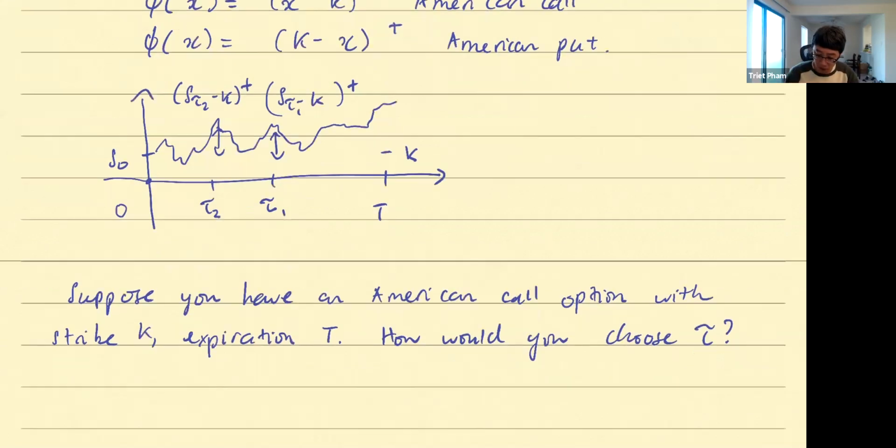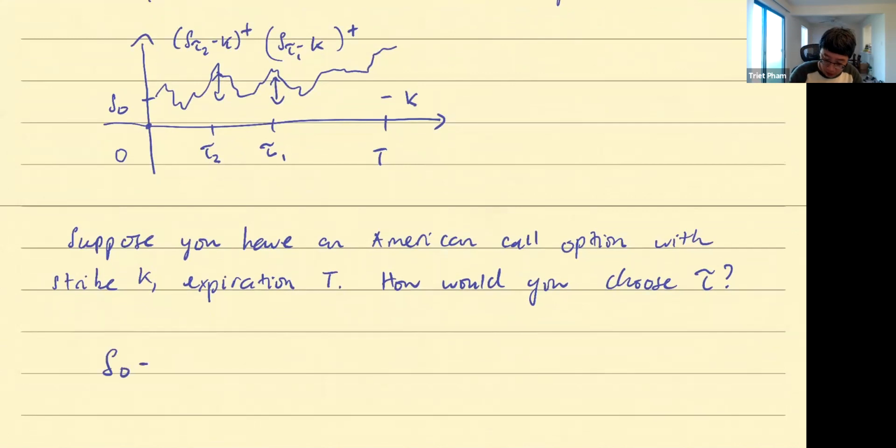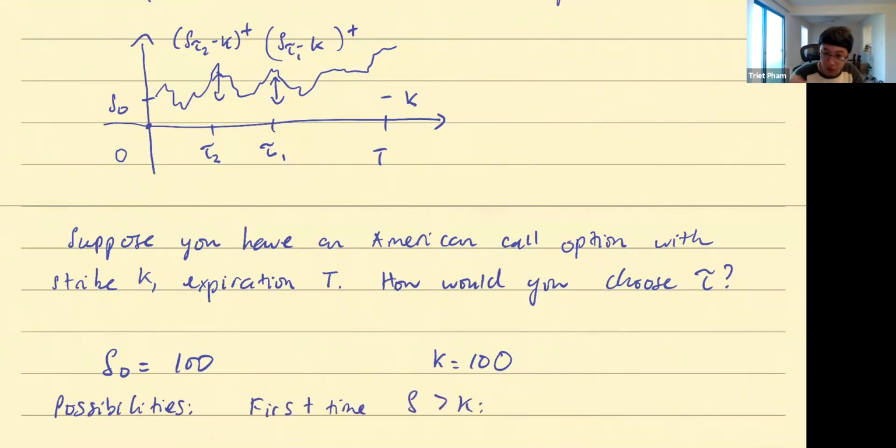I think what you're thinking is something else, right? But first of all, let's just be concrete, let's say S0 equals 100. Let's say K equals 100. All right. And so let's look at possibilities, right? This is what Don and Kashif both kind of came up with. But let me say this.